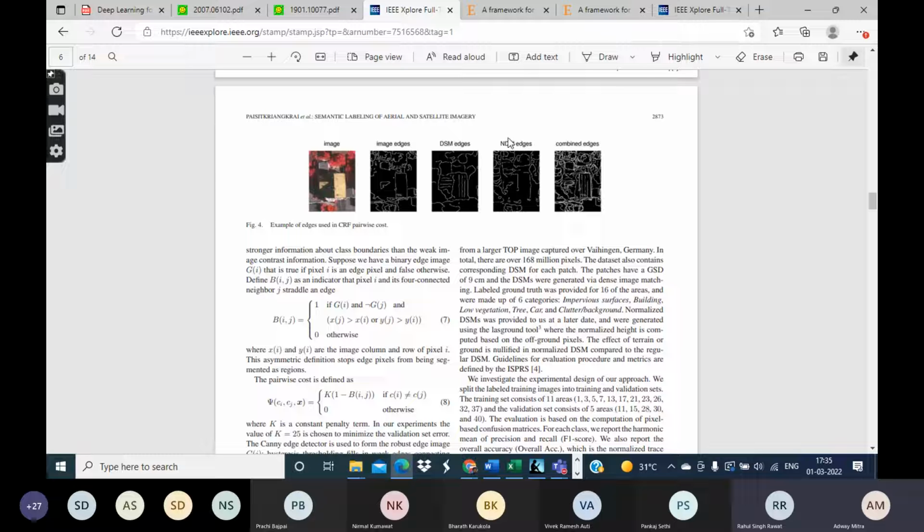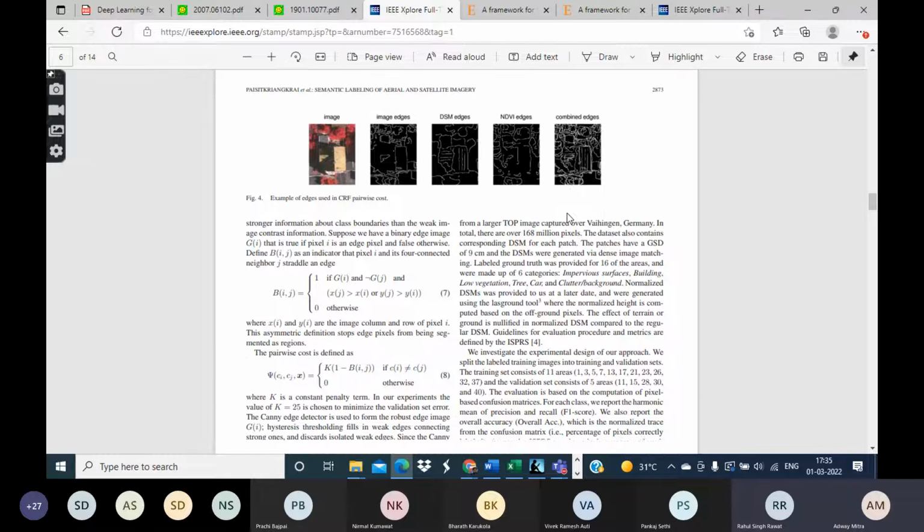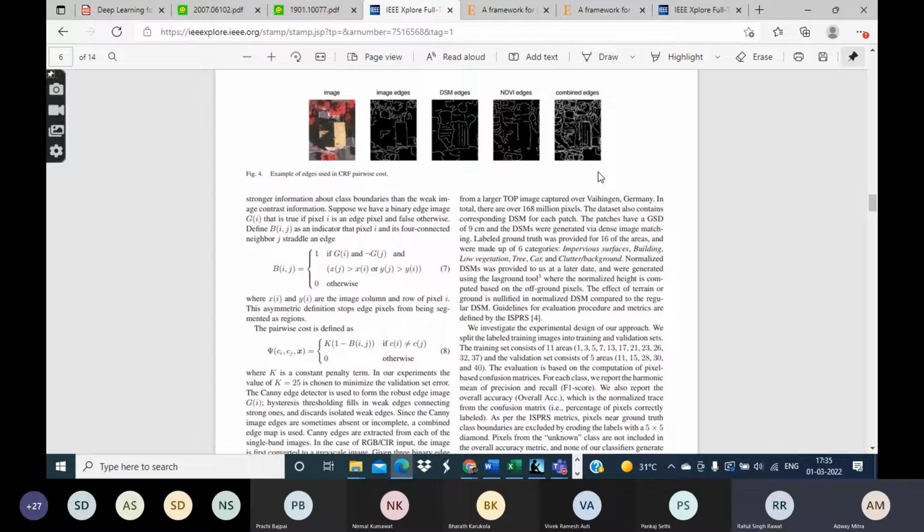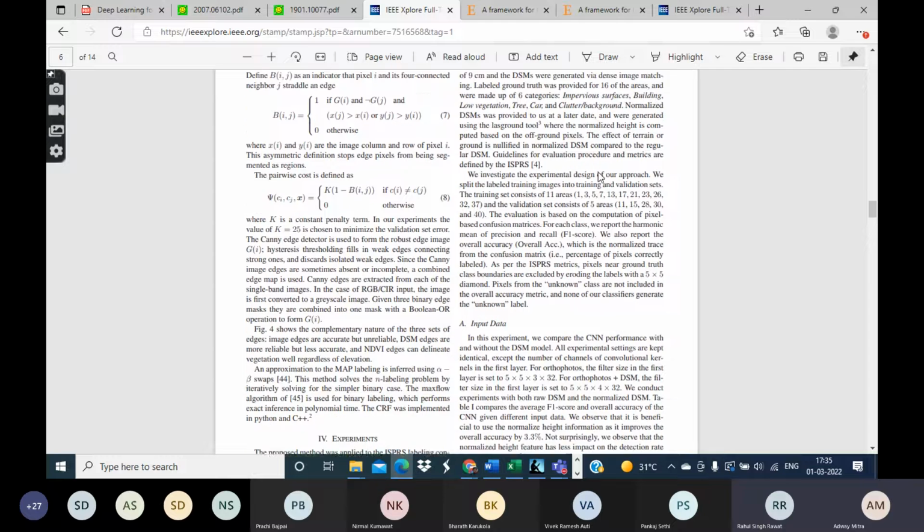Then what the CRF will implicitly do is produce an image which combines all the image edges, and this is what that combination may look like.